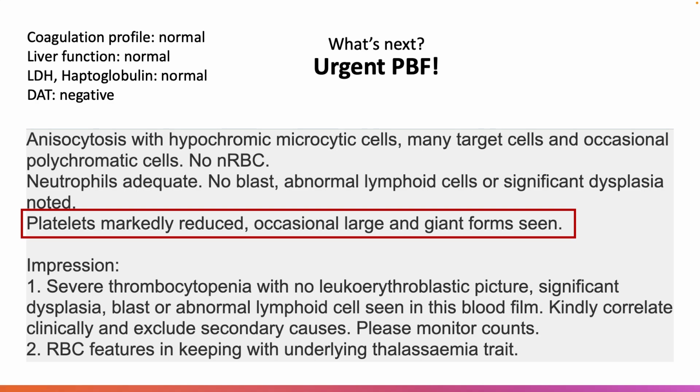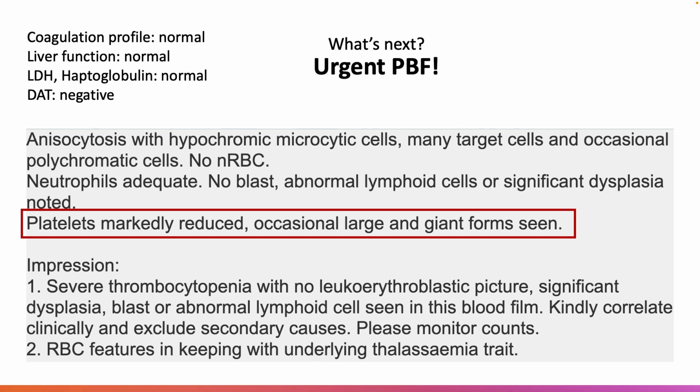So it means that there is increased consumption or sequestration in the body. However, the marrow seems to be functioning. What is the next thing moving forward? In the elderly, we are worried whether this can be some form of myelodysplastic syndrome involving a single lineage, for example platelet, that is causing the thrombocytopenia.